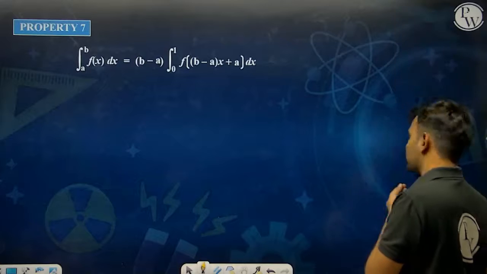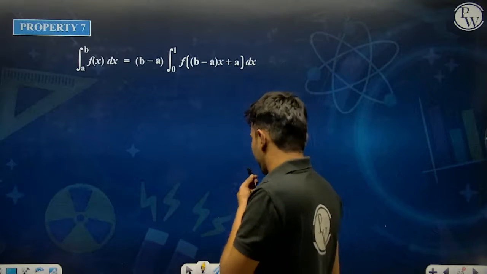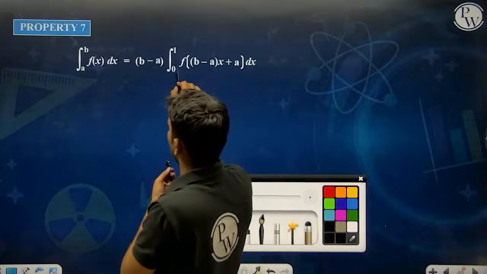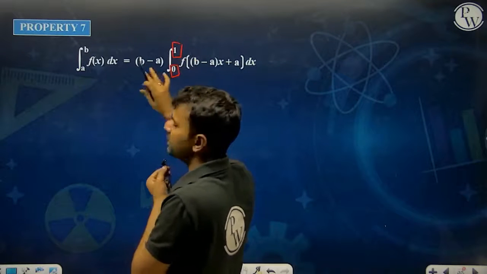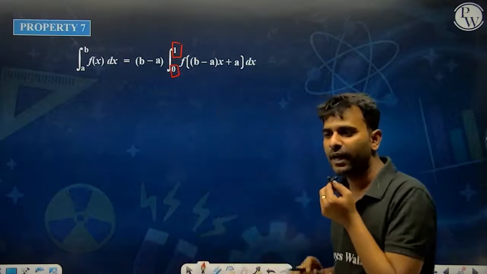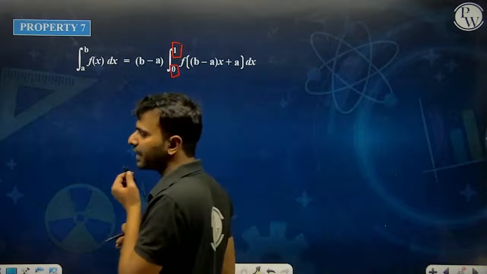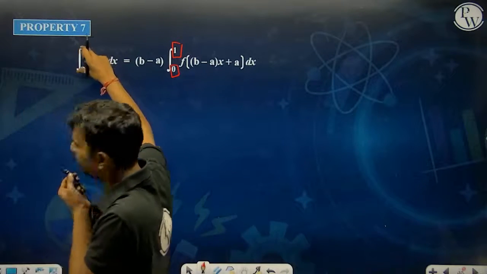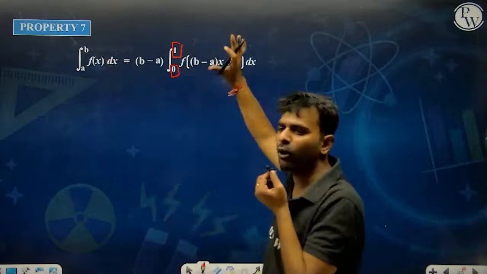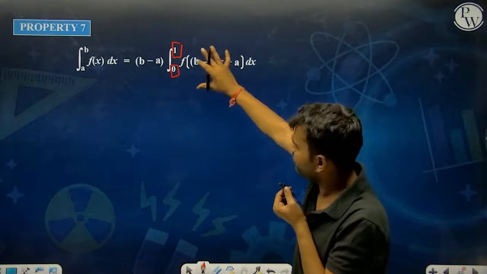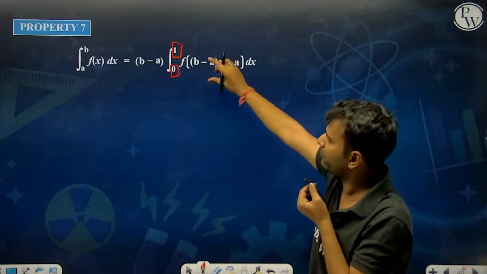All right, talking about the 7th property. If we are given some limit and we want to make the limits 0 to 1, this is usually done in the case when different integral terms are given to me and all of them are having different limits. So to combine all of them, what we do is we convert all of the integrals to limits from 0 to 1.